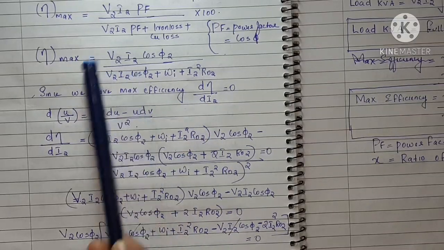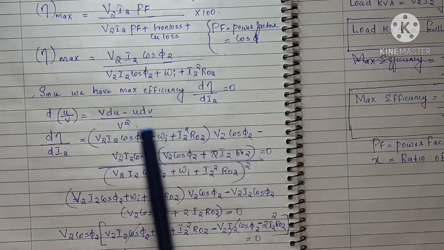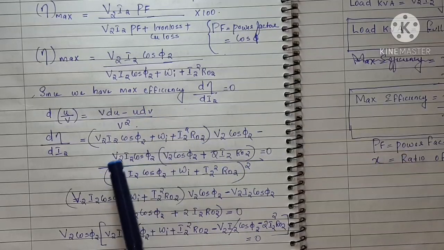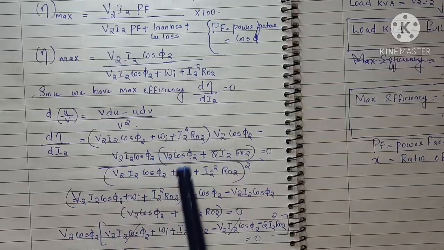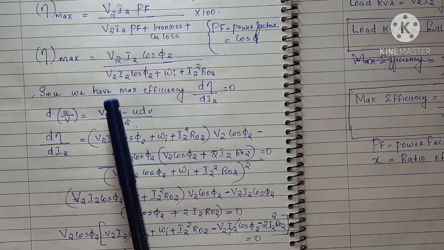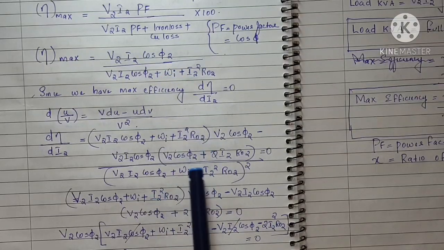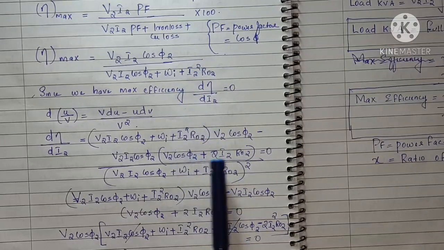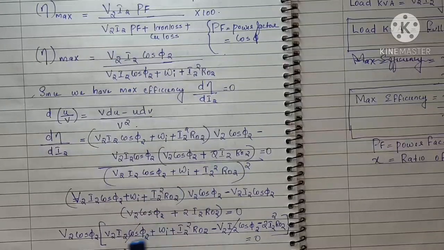Du means taking the derivative of the numerator in terms of I2, so V2 cos φ2, minus u dv, writing the numerator term as it is, that is V2 I2 cos φ2. Dv means the derivative of the denominator in terms of I2, so V2 cos φ2 plus, the derivative of a constant is 0 and the derivative of I2² is 2 I2 into R02, by v², v square means denominator square, (V2 I2 cos φ2 plus Wi plus I2² R02)², equal to 0.